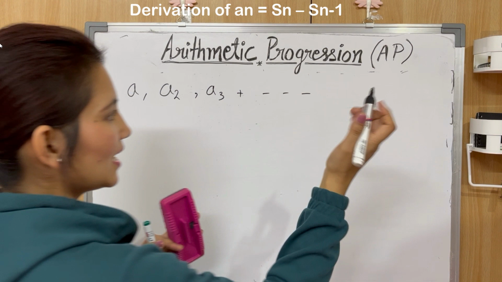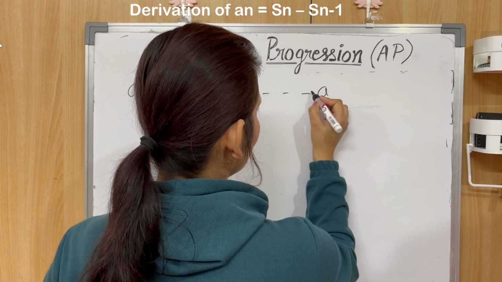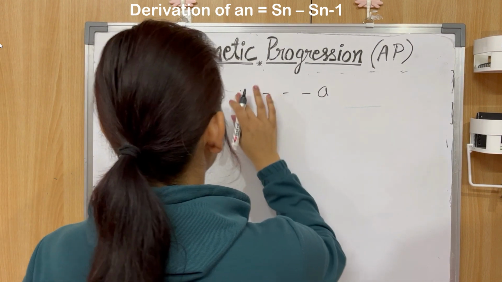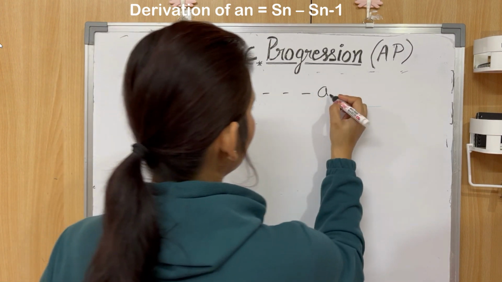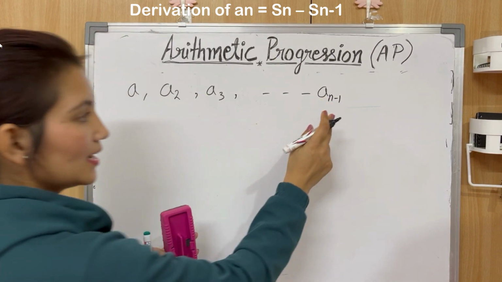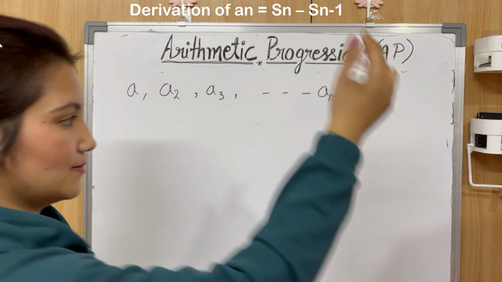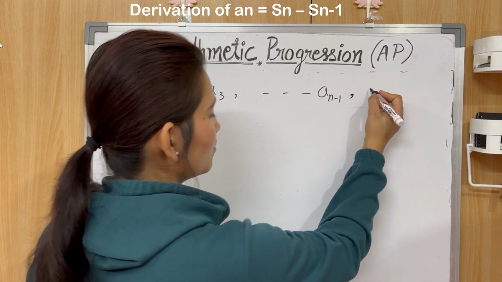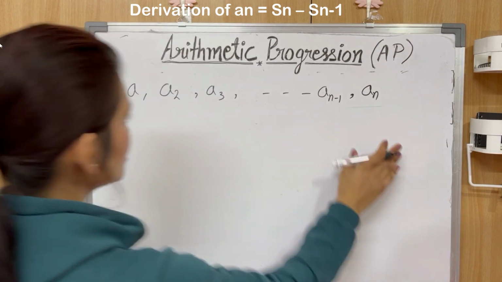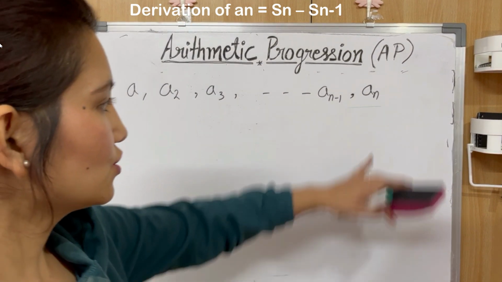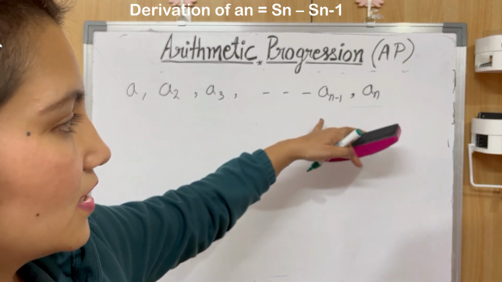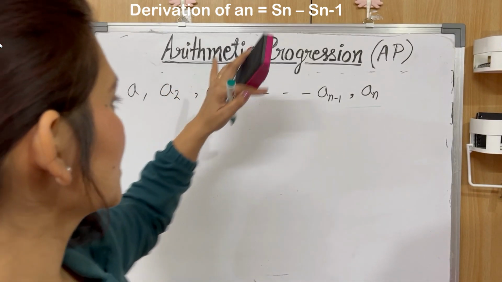The second last term would be a(n minus 1), the (n minus 1)th term, and after the (n minus 1)th term, the nth term will come. So this is a finite AP, this is the last term, this is the (n minus 1)th term, and this is the first, second, third term.